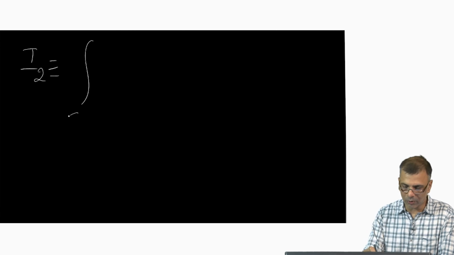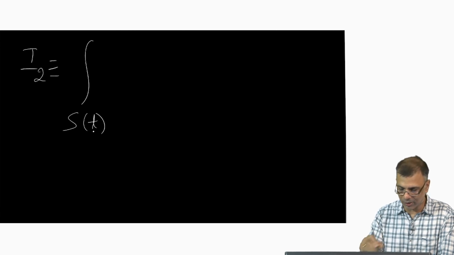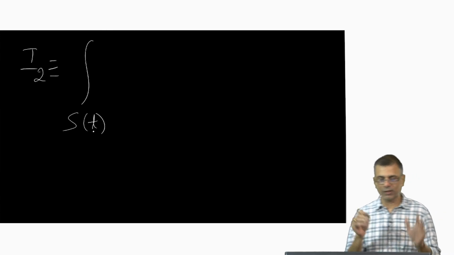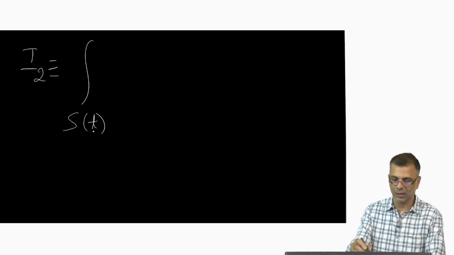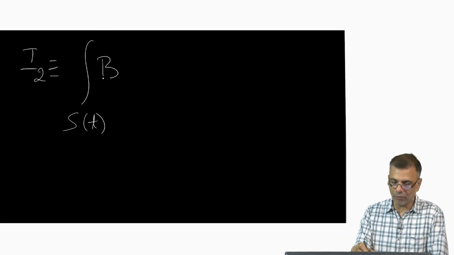You see now the cross sectional area over which I'm integrating will remain the same. Whereas the magnetic flux itself, I will change.